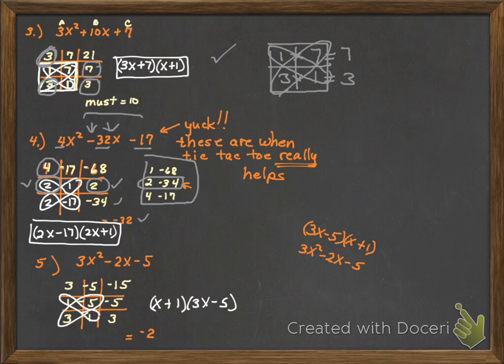The greatest common factor between 2 and negative 34 is going to be 2 again. So what times 2 is equal to 2? 1. And what times 2 is equal to negative 34? Negative 17. So there is your orbit. You're looking at 2x minus 17 and 2x plus 1.